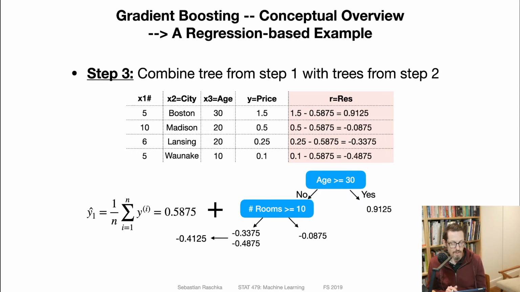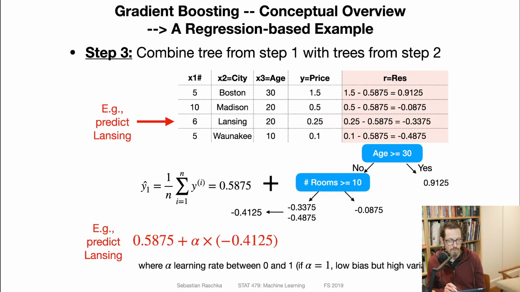Okay, so step 3 is we're going to combine the two trees. Here's our root. It guesses 0.5875 for everything. Here's our first tree. It breaks problems up into these leaves. And if we're going to go ahead and predict Lansing, we're going to throw Lansing through that process.